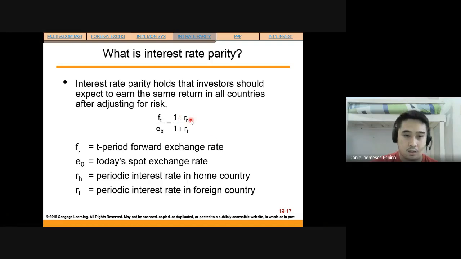So we have one plus the risk in the home country over one plus the risk in the foreign country. So all the money is equivalent regardless of which country, as long as the interest rate is the same.